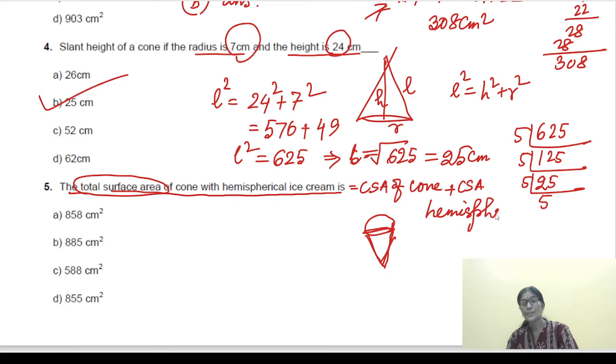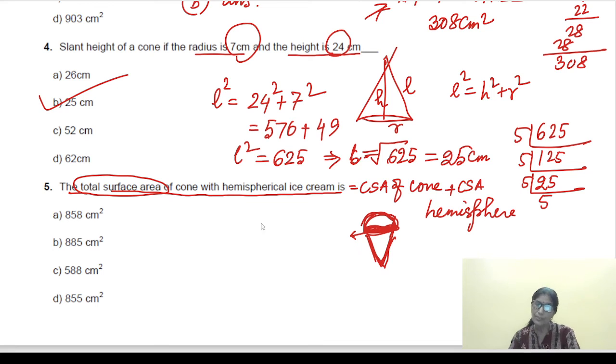Why? Because you cannot see the flat portion of the hemisphere. You only see the curved, lateral surface area. Similarly here, for the cone, you cannot see the upper one, you are only seeing the side one. So it will be curved surface area of the cone plus curved surface area of the hemisphere.